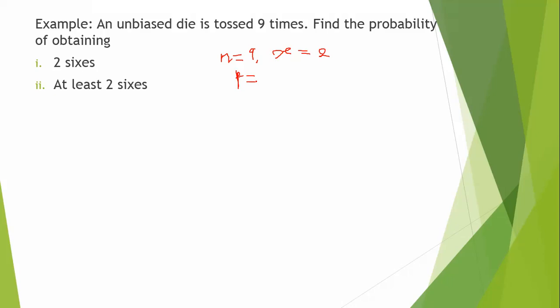When we are rolling a die, what would be our sample space? Sample space is 1, 2, 3, 4, 5, 6.